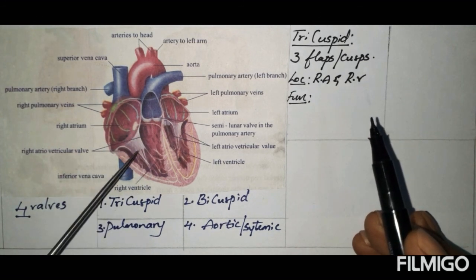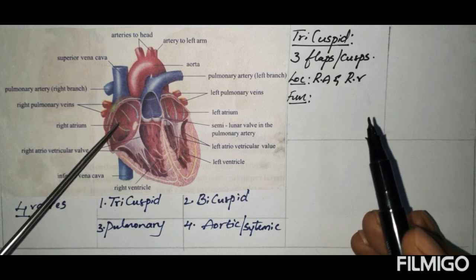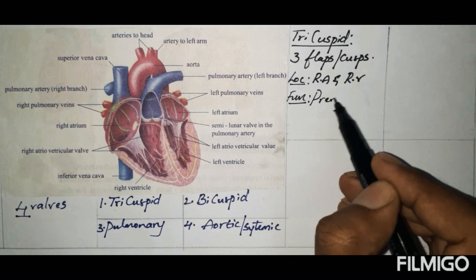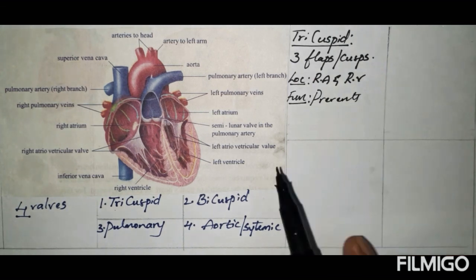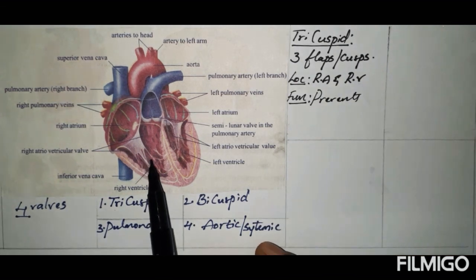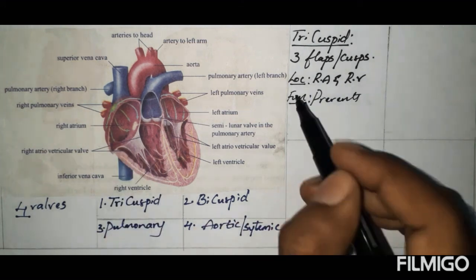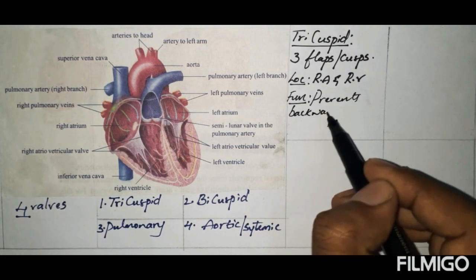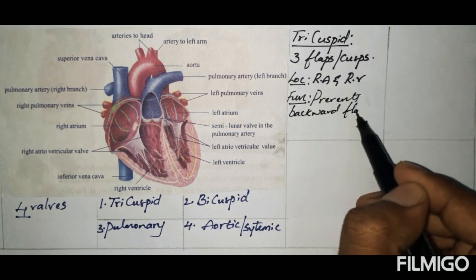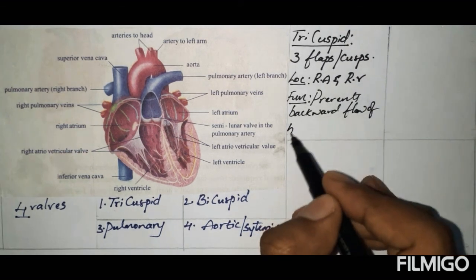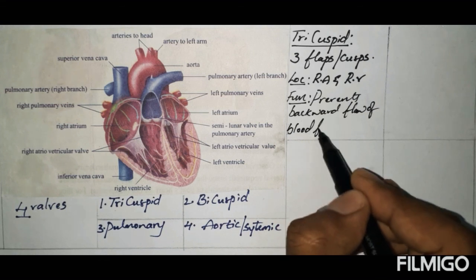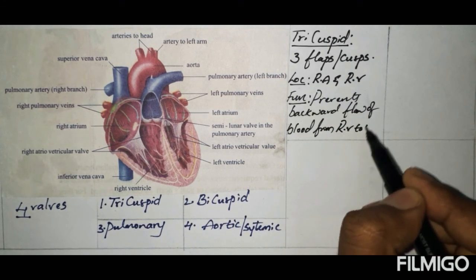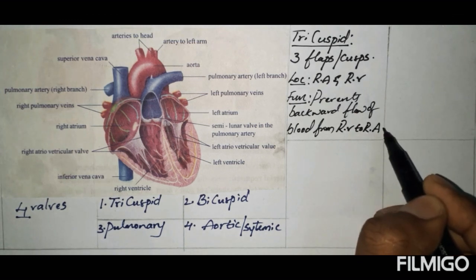It prevents the backward flow of blood from where to where? It prevents the backward flow of blood from right ventricle to right auricle.